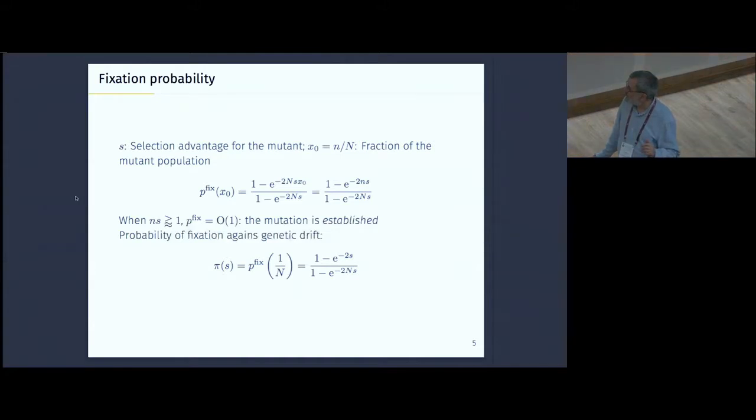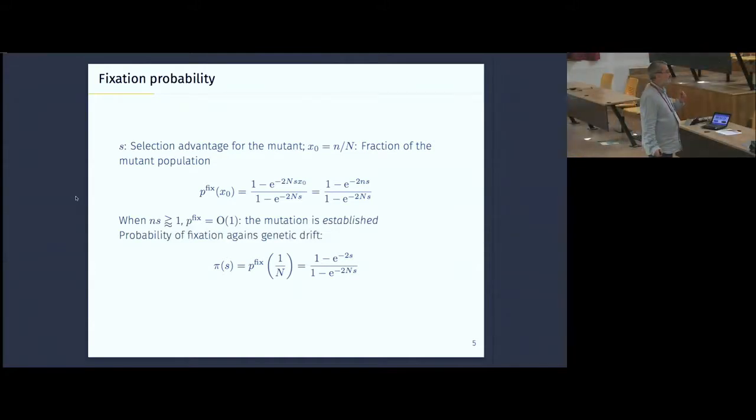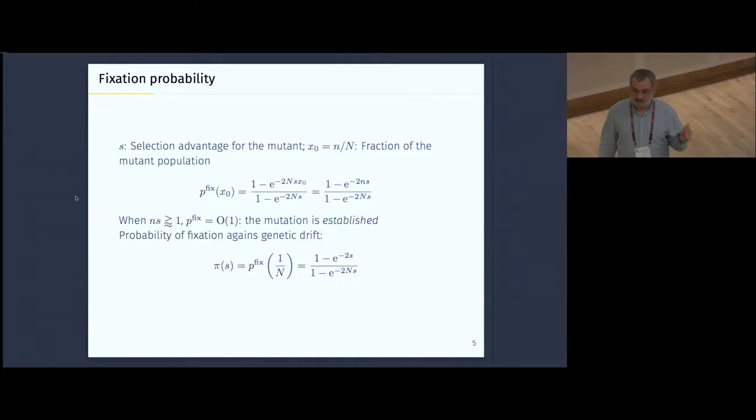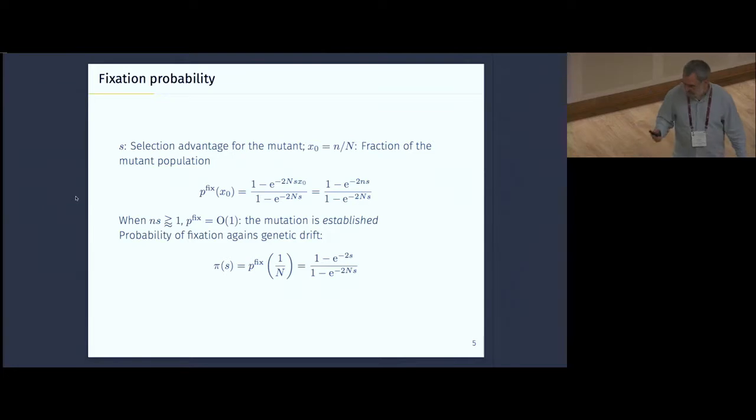And then if s is large in absolute value, such that n times the absolute value of s is larger than 1 and s is negative, then the probability of fixation is essentially 0. It's exponentially small in the population size.